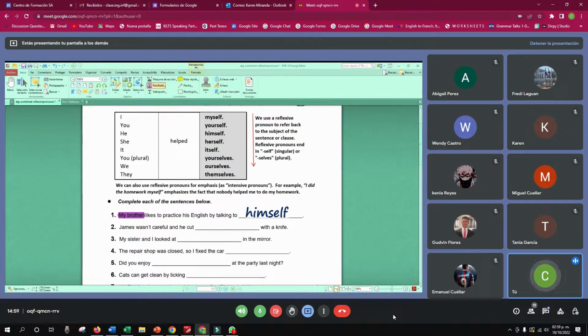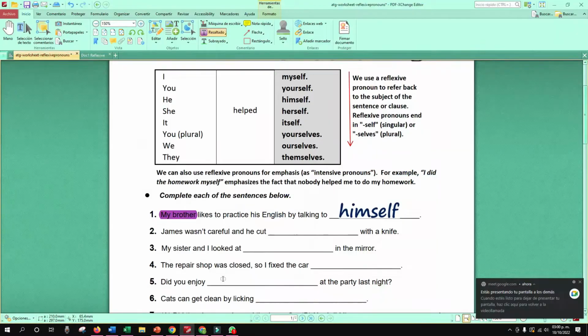Bueno, les decía, ¿verdad? Ahí teníamos un claro ejemplo de we can also use reflexive pronouns for emphasis as intensive pronouns, right? For example, I did my homework myself, right? Emphasis the fact that nobody helped me to do my homework, right? And there you have the first exercise there.